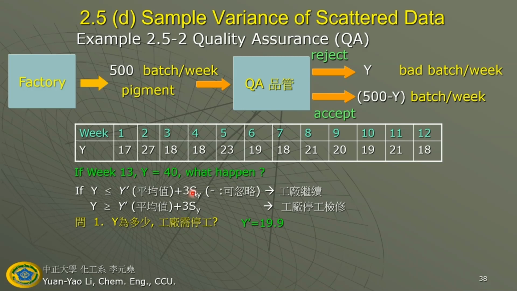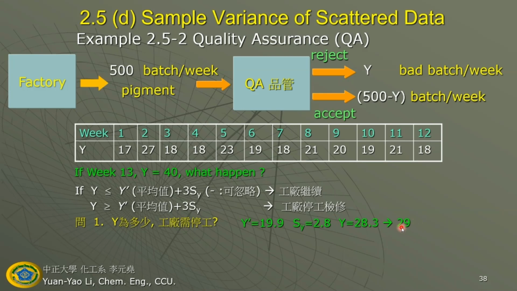So Y prime, the average number, is 19.9, and the standard deviation is 2.8. So if you put this here, the answer is what? Y equals 28.3. But you know this is an integer number, right? There is no 28.3. So let's take 29.